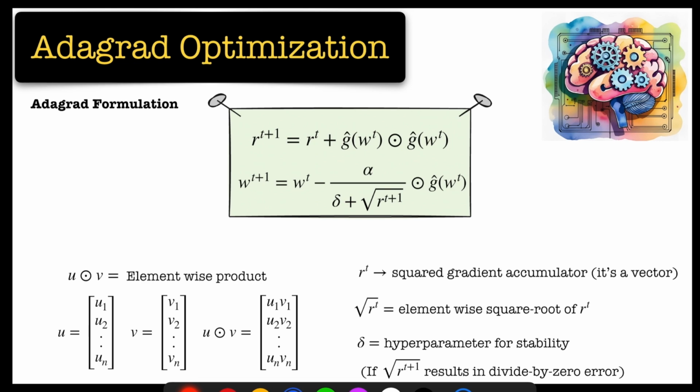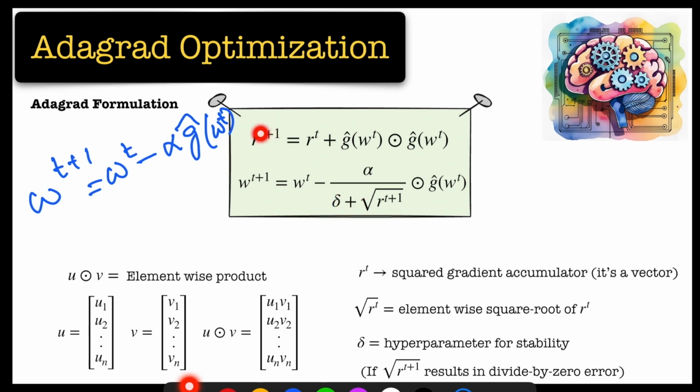In the original gradient descent, we had W(t+1) equals W(t) minus alpha times g hat of W(t). Now, in place of alpha, we get alpha divided by delta plus the square root of R(t+1). Let's say we don't have this delta.